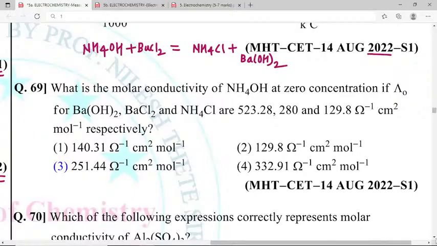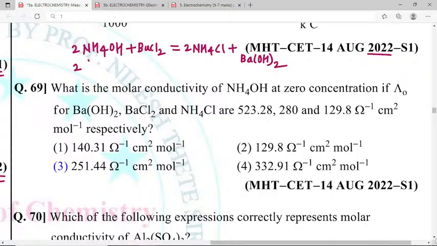Okay, so this is twice here. What is the molar conductivity of NH4OH?